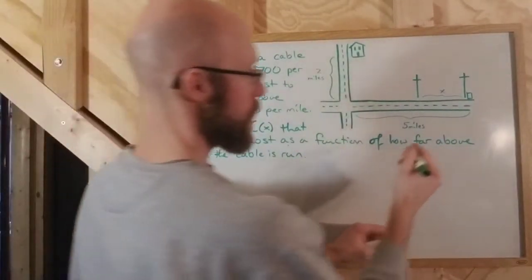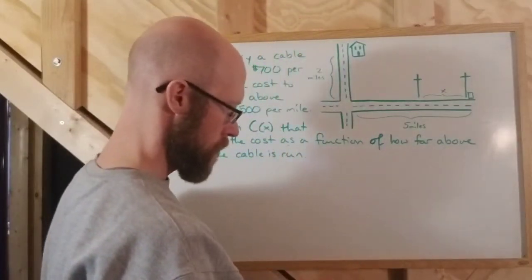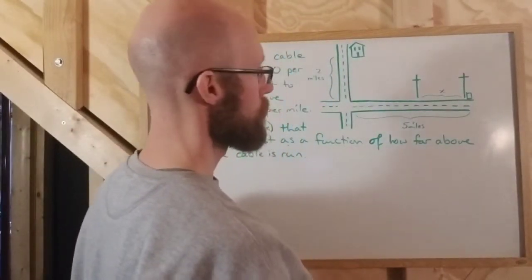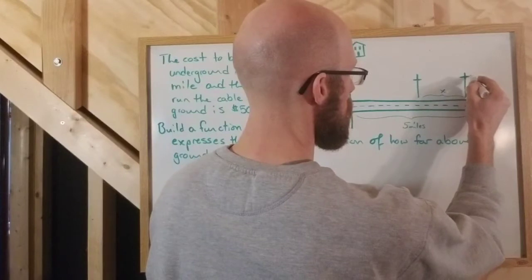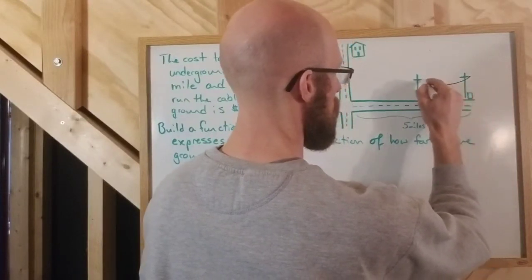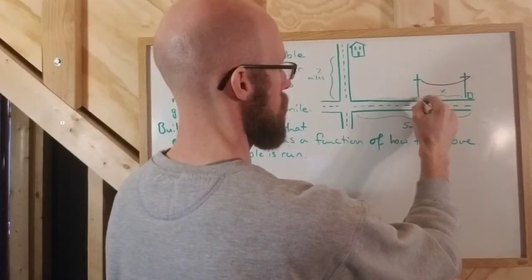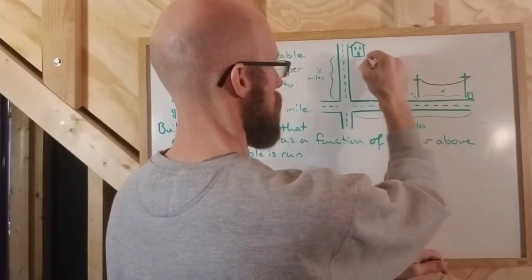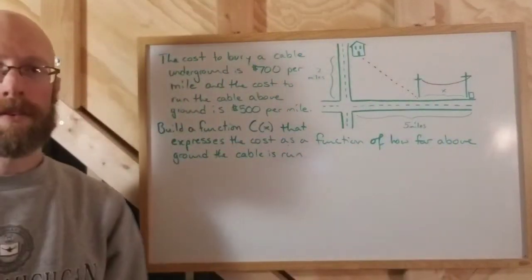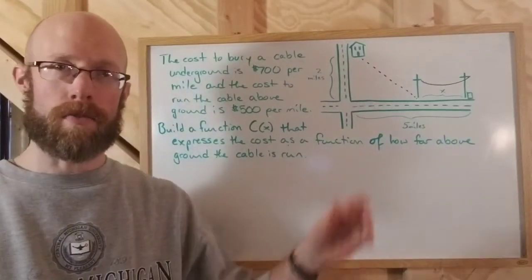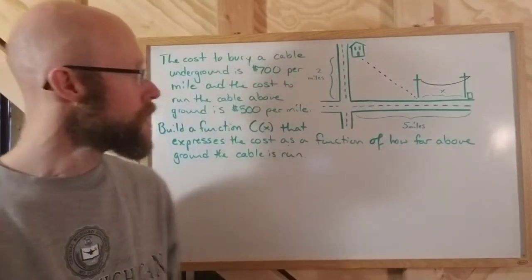So you're going to run the cable above ground up to that point, and then you're going to run it underground or bury it from there to the house. Okay, and so we need to figure out these two values.